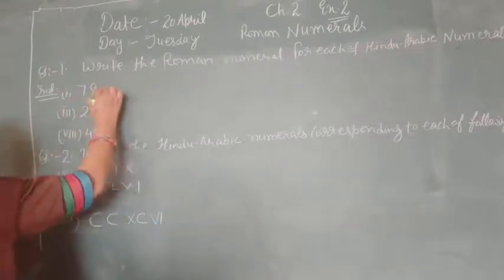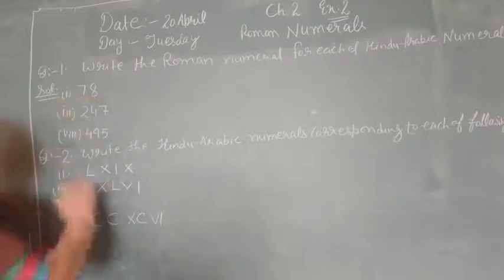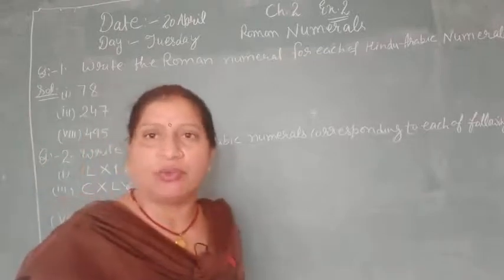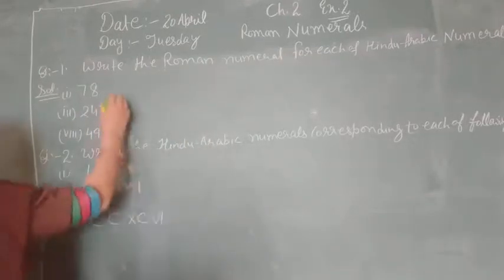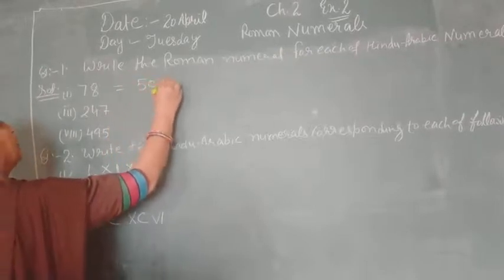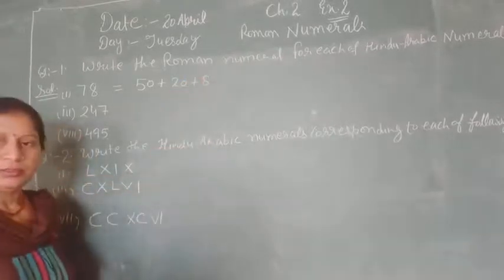So our first number is 78. Here you see the number is 78. First of all we have to break up this number, and after breaking the number we get 50 plus 20 plus 8. Clear?